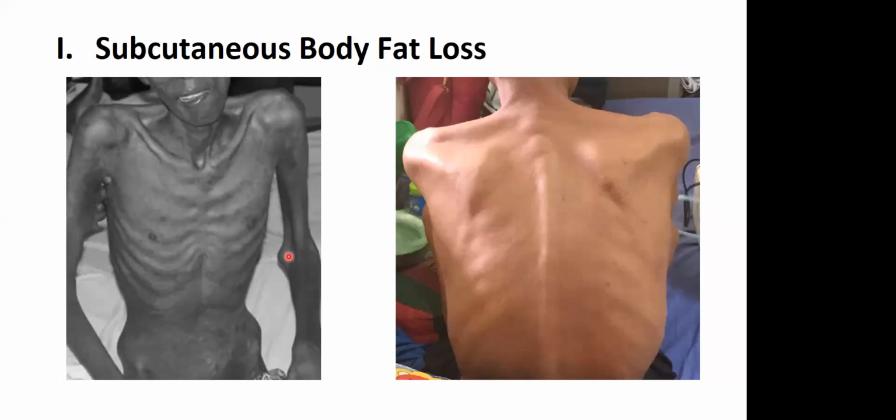It's so prominent in terms of the fat loss, even between the ribs. You can clearly see there is more spacing. You can actually count the ribs in this particular patient on this image. Even from the back, you can clearly see depressions between the ribs, which are very apparent. And here at the iliac crest, you can clearly see it's so prominent, and it is indicating there is some fat loss in this particular patient.